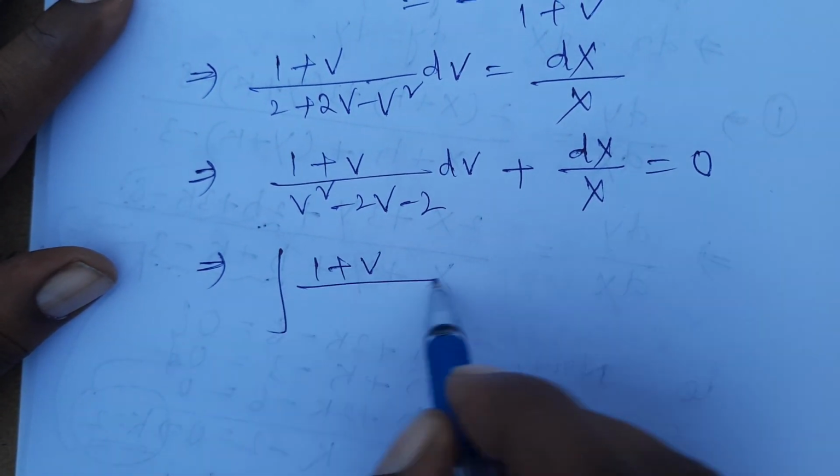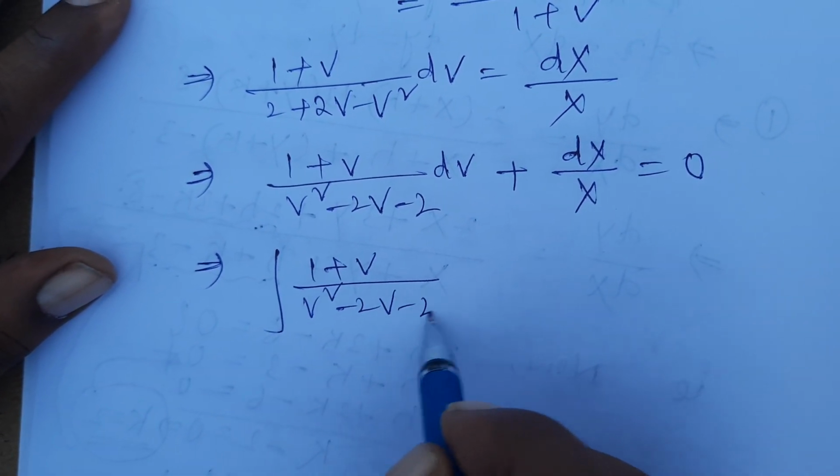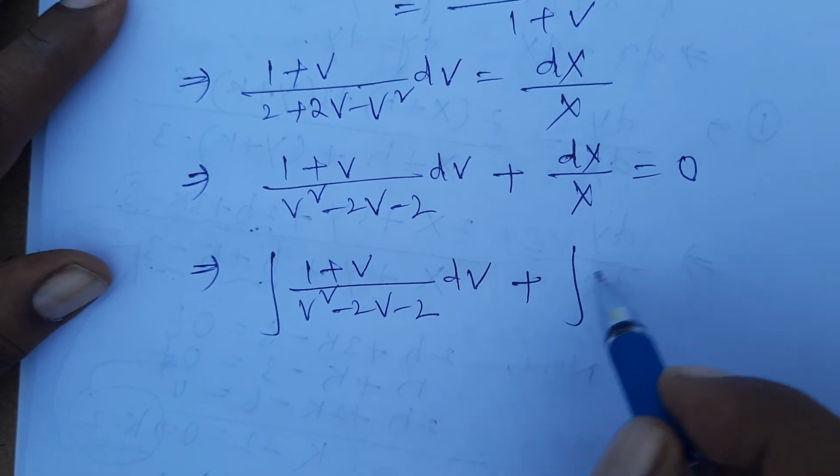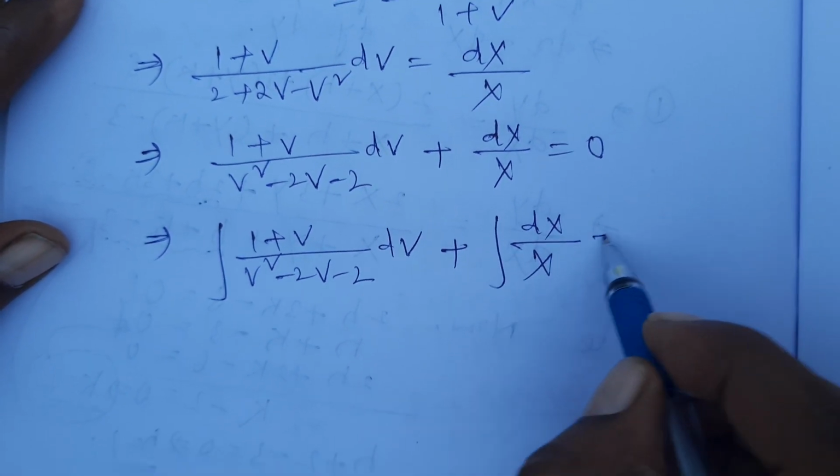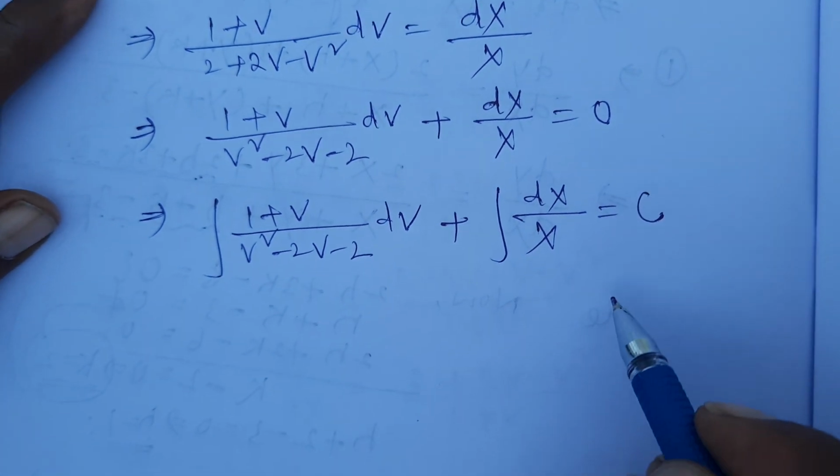Integral (1 + v)/(v square minus 2v minus 2) dv + integral dX/x = integral 0, which means constant c.